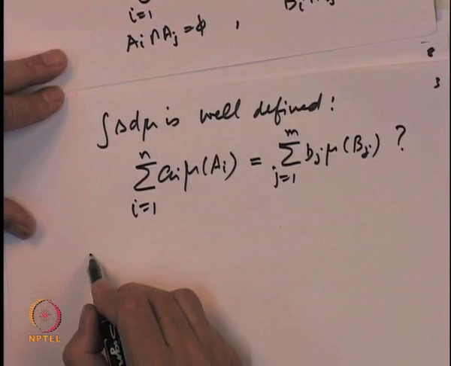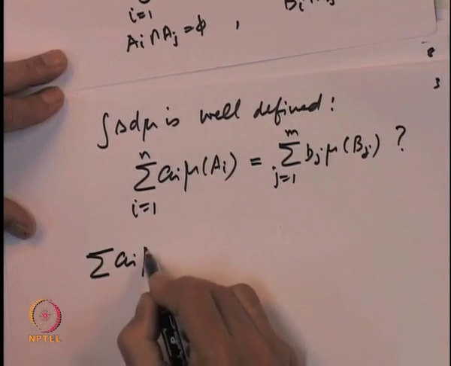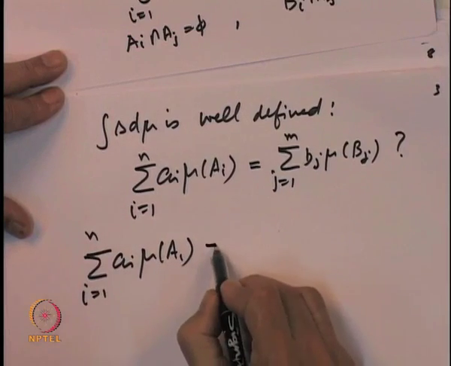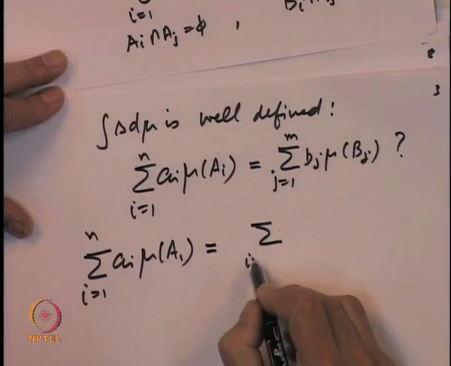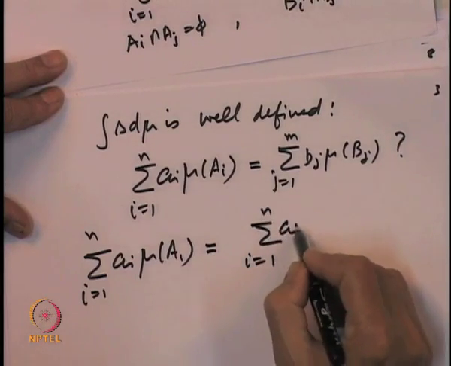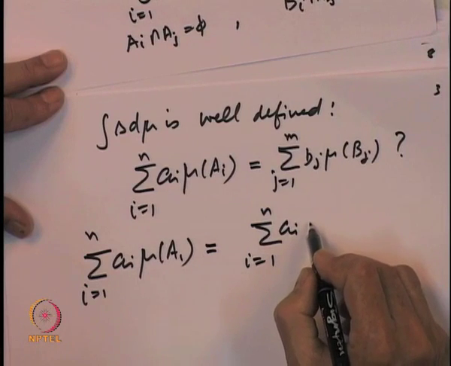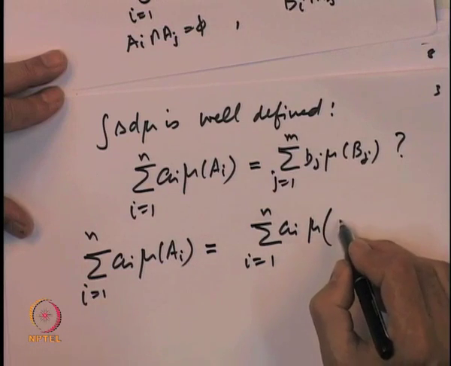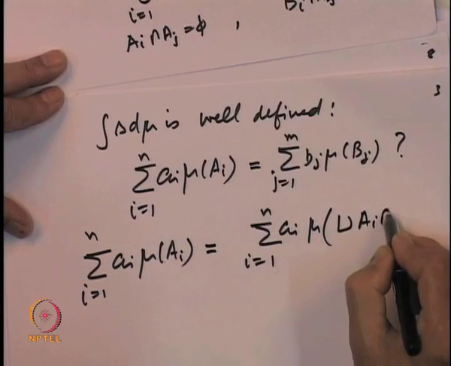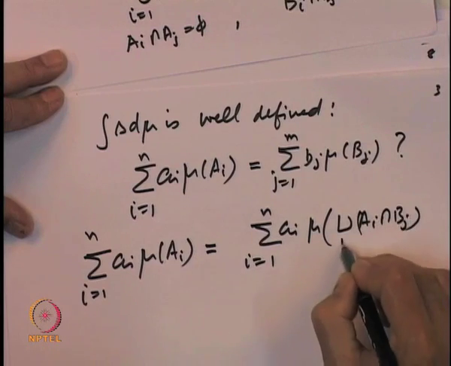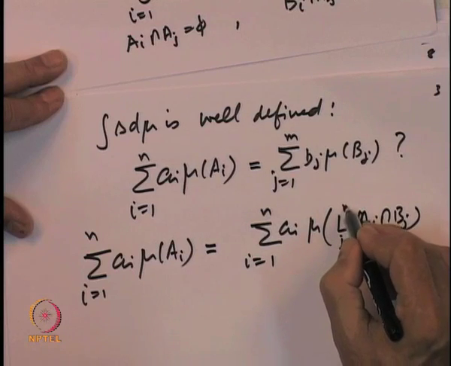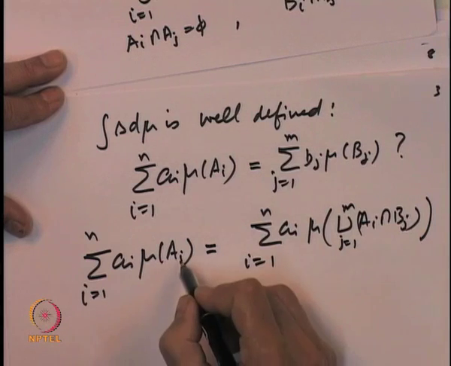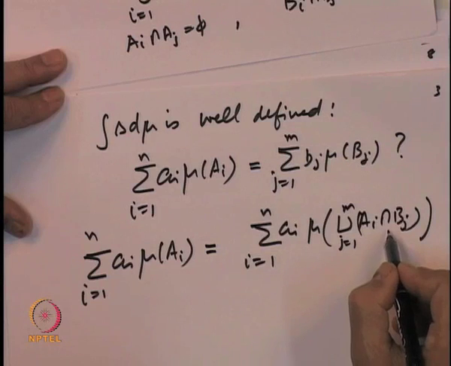So, let us start. The sum of a_i μ of A_i, i equal to 1 to n, I can write it as the sum over i equal to 1 to n of a_i, and then μ of this A_i can be written as μ of the union of A_i intersection B_j, j equal to 1 to m, because the union of B_j's is equal to X. So, A_i intersection X, and that is the same as this.